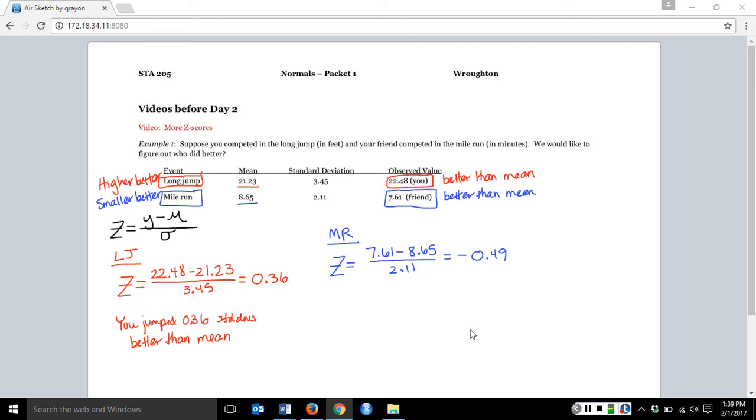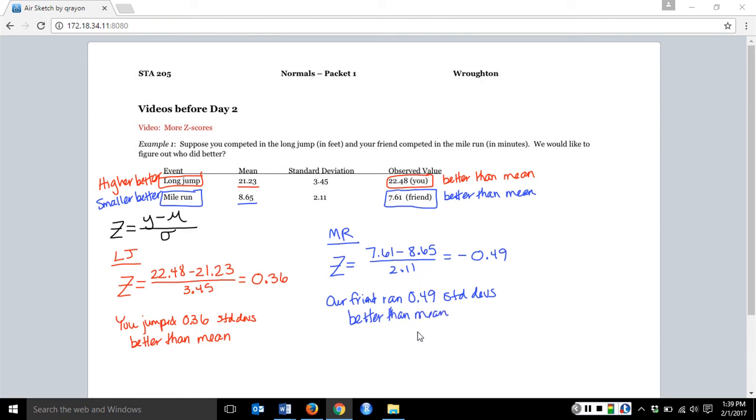So we could say then that our friend ran 0.49 standard deviations better than the mean. Now, where did that negative sign go?